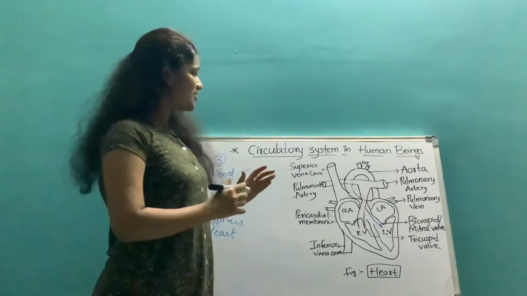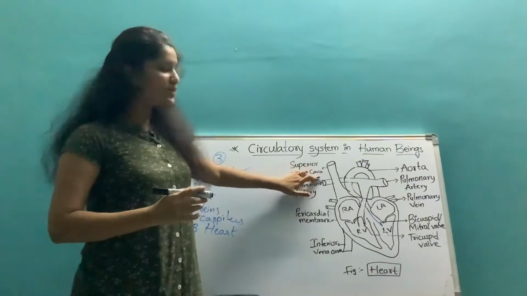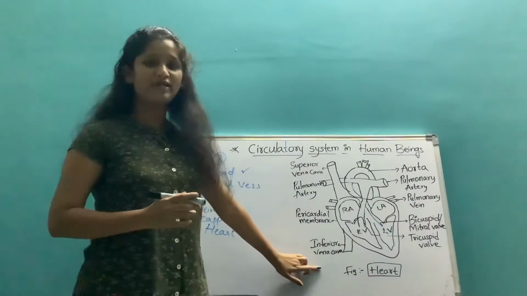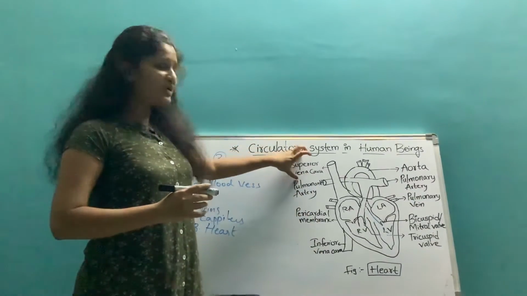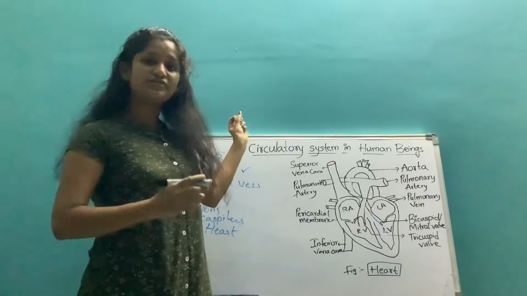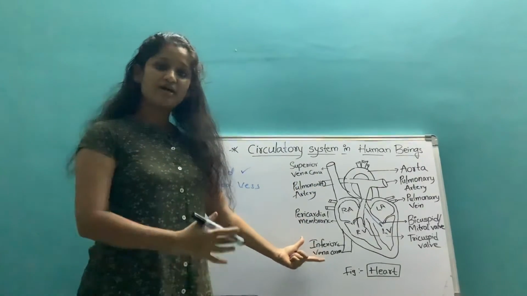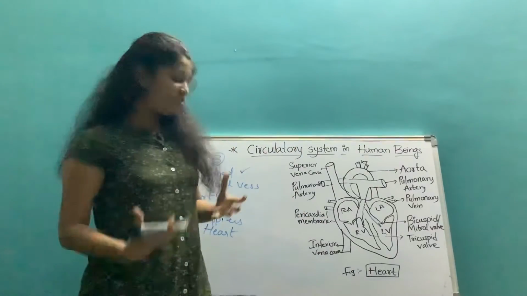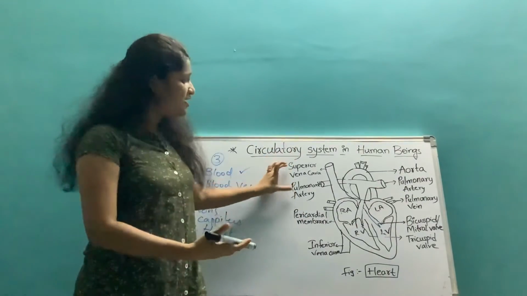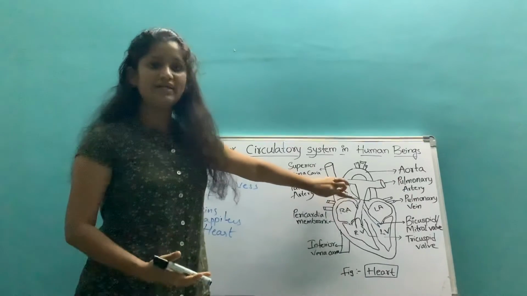The circulation starts with the superior vena cava and inferior vena cava. The superior vena cava collects the deoxygenated blood from the superior part of the body. The inferior vena cava collects the deoxygenated blood from the inferior part of the body and it is carried to the right atrium.